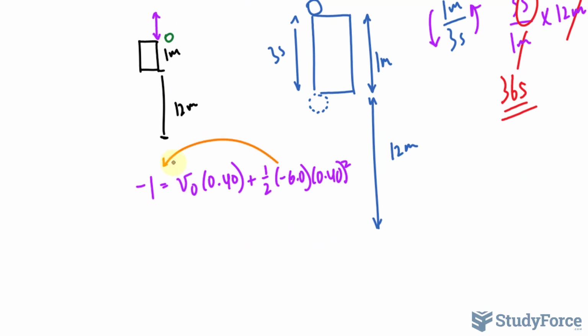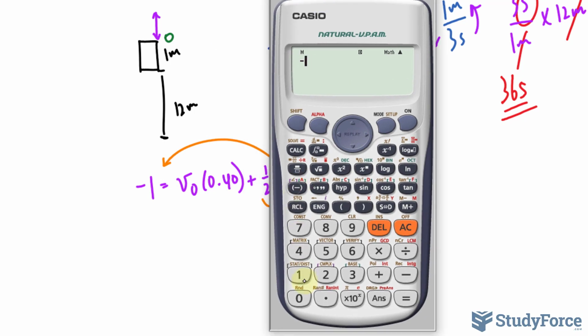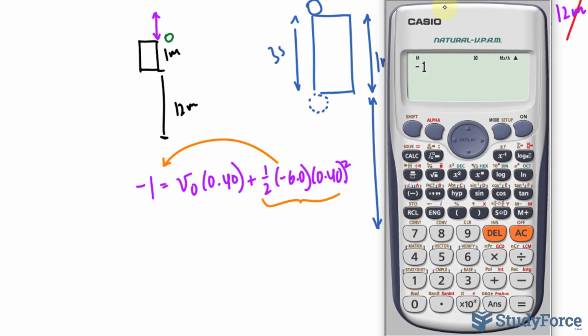We'll take that expression over this whole thing. So I have -1 minus, because if you take the whole expression over, it becomes minus 0.5 bracket -6.0 bracket 0.40 raised to the power of 2 close bracket.